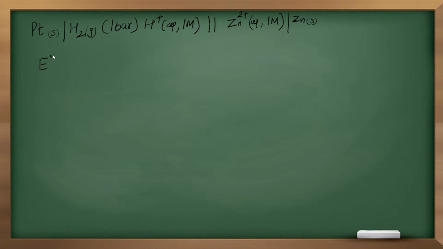Now E naught cell is again E naught right minus left.